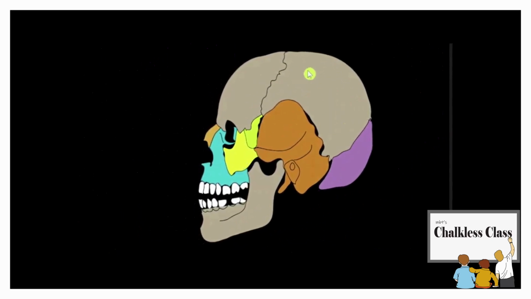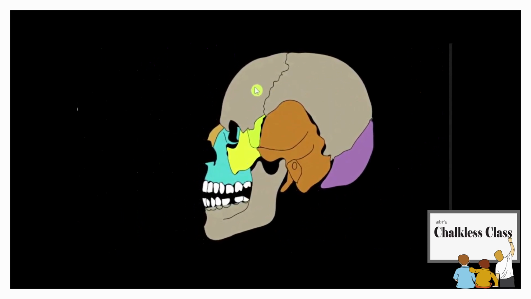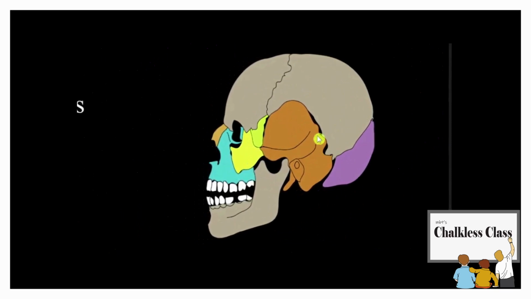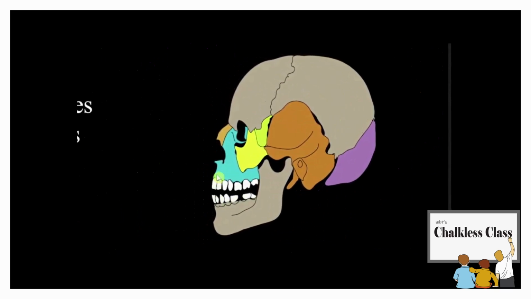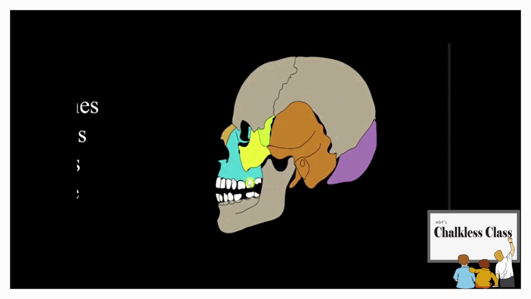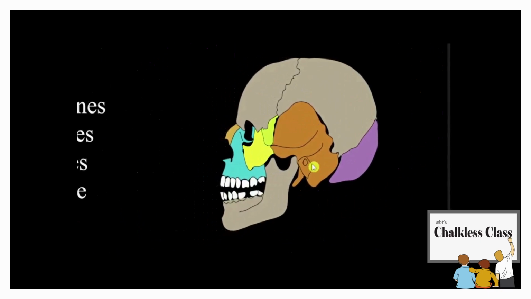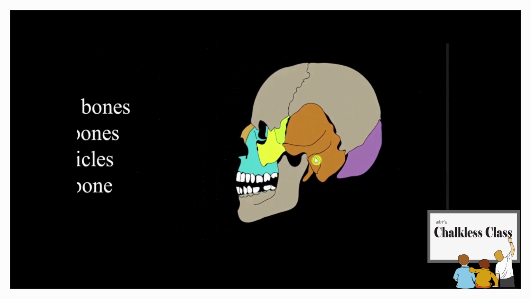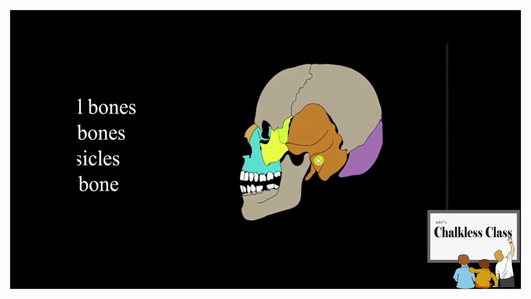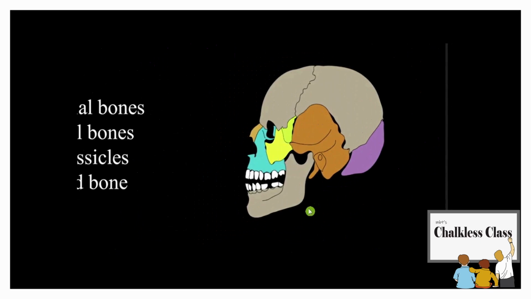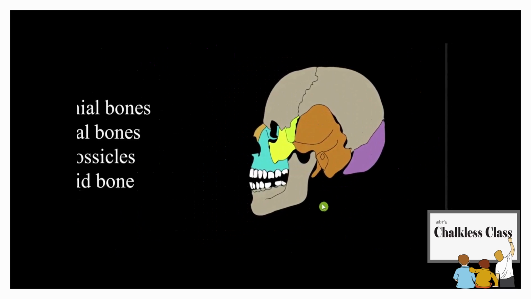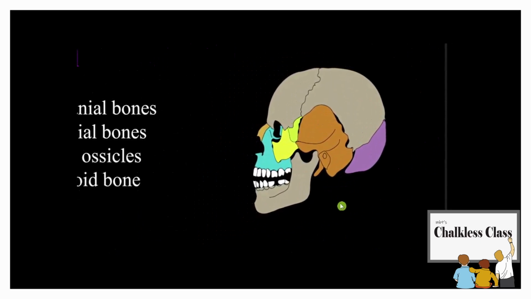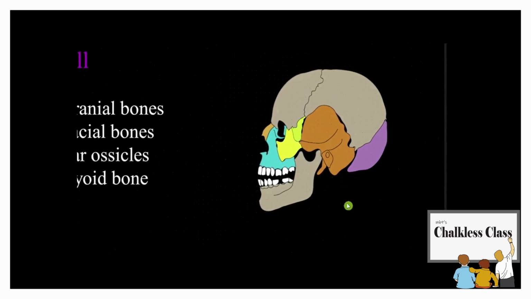The cranium is nothing but the brain box where the brain is protected. These bones are called facial bones. These form the face, and the ear ossicles are the ear bones, malleus, incus, stapes. Next, the hyoid bone. The position of the hyoid bone is here. It is outside the skull.